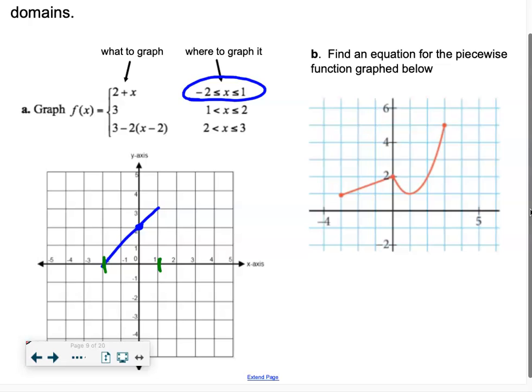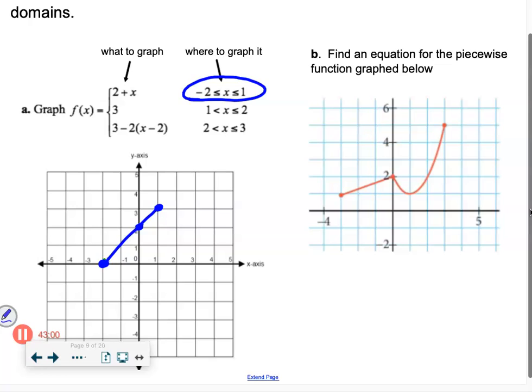Technically, this is the domain of this graph. Well, we say negative 2 to 1, because we always read low to high. The next graph is the graph of y equals 3. Now, what kind of a graph is the graph y equals 3? It's a horizontal line.